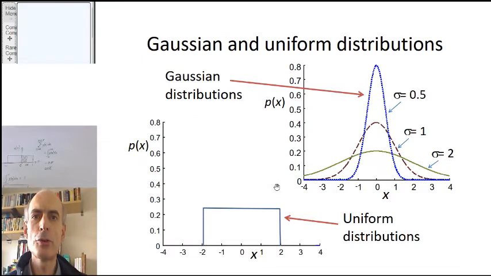The two most common forms of probability distribution in electronic noise are the Gaussian distribution and the uniform distribution. One interesting thing about the Gaussian distribution is that the tails of the distribution, that's the extreme values up here and down here, in theory continue to plus and minus infinity.